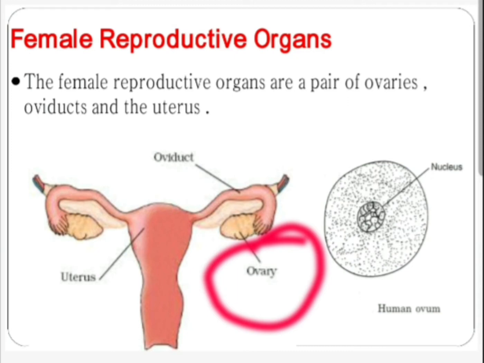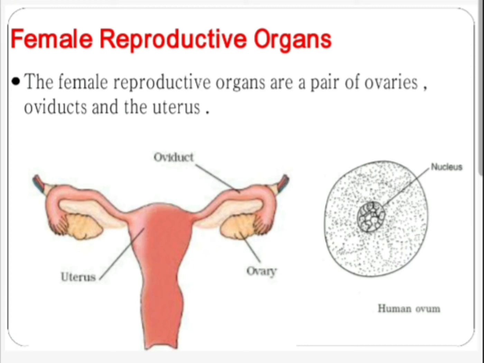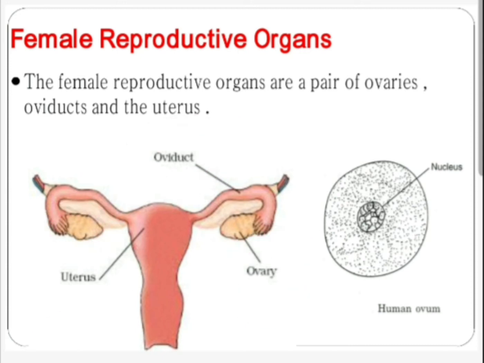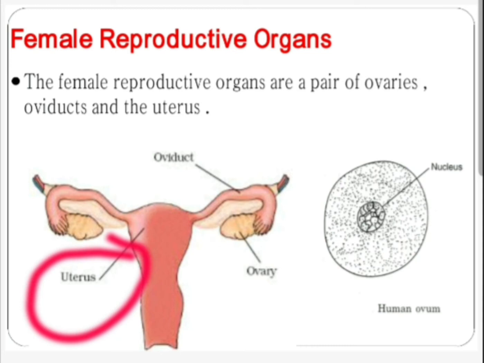In human beings, a single matured egg is released into the oviduct by one of the ovaries every month, and uterus is the part where development of the baby takes place.